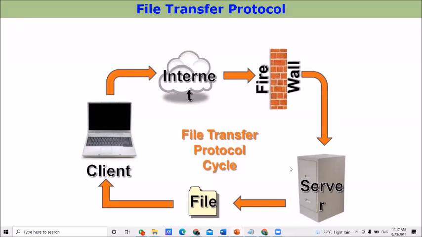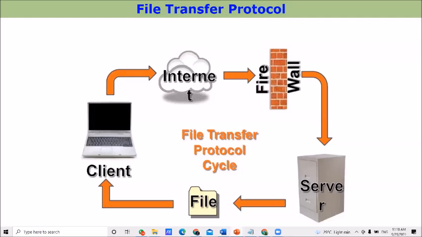Then the server is the responding station. Whatever the client requests goes to the server, and the server sends the required files. That means file transferring happens in this cycle: the client asks for the resource, then the server responds with the files.